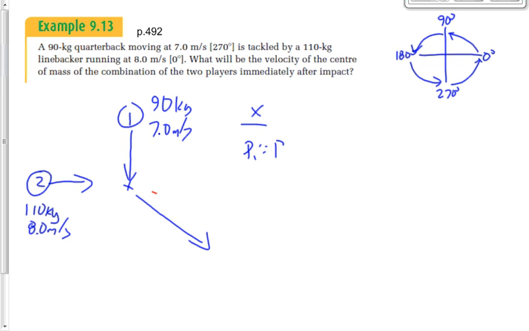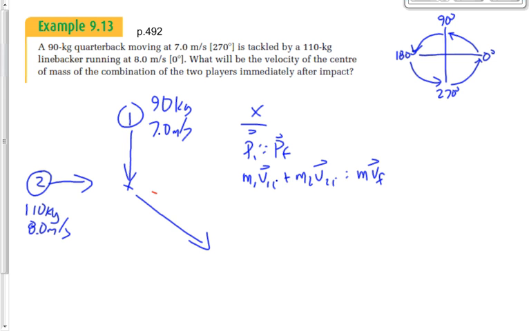Pi equals Pf. We're going to say M1 V1I plus M2 V2I equals MVF. Even though they don't stick together, because we're finding the velocity of the center of mass, it's like they stick together. Plug in some numbers.